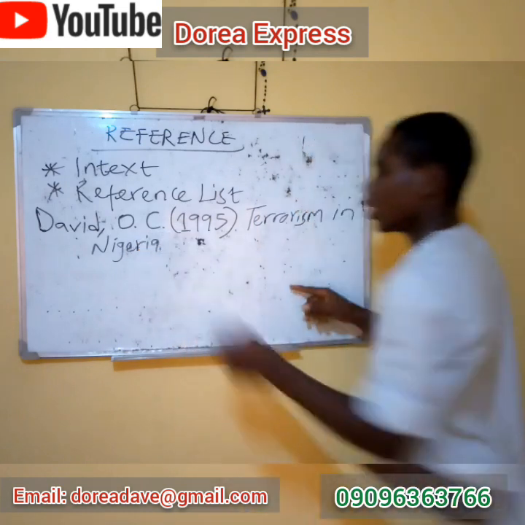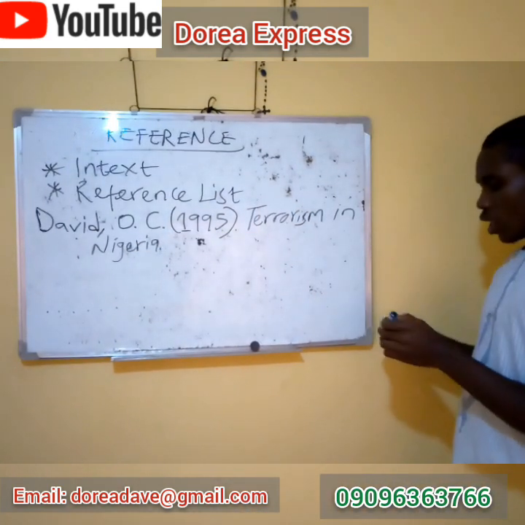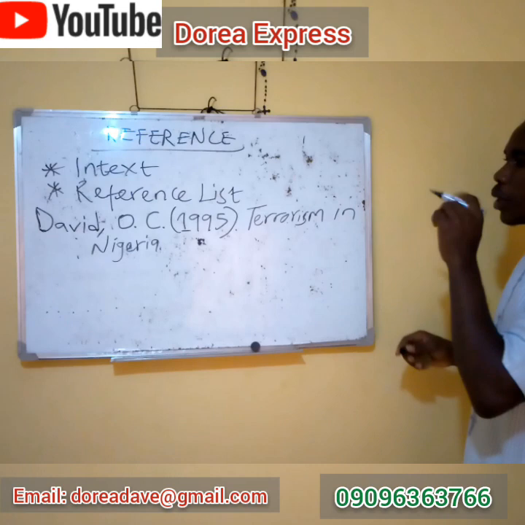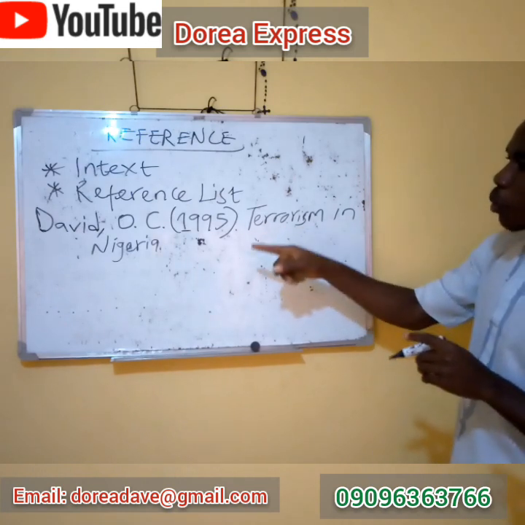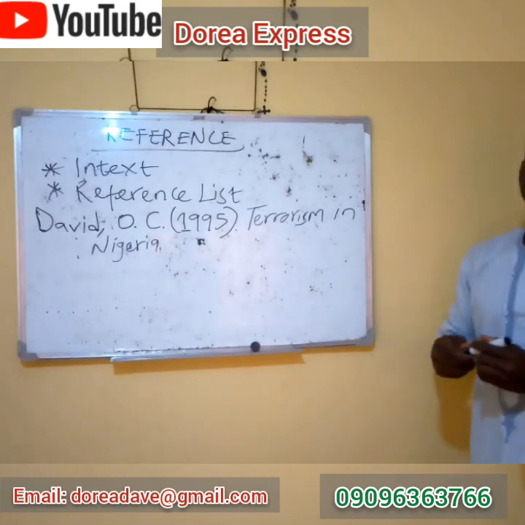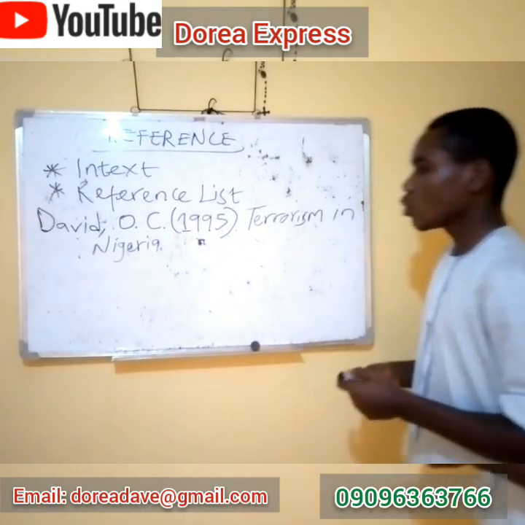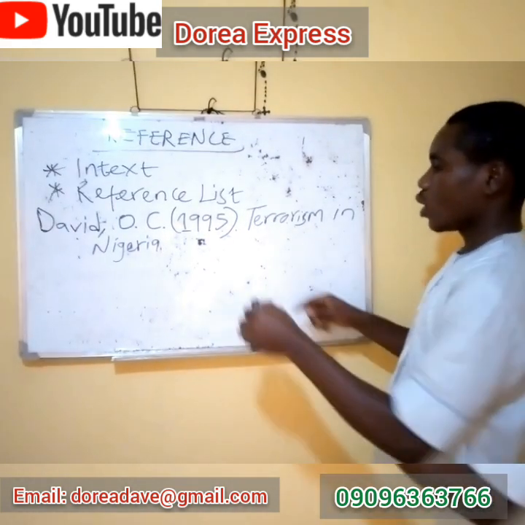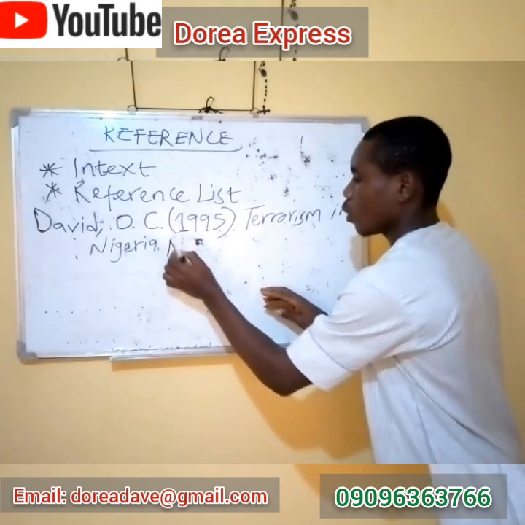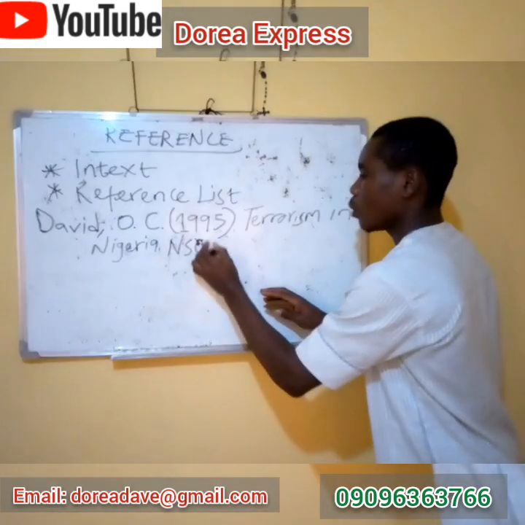So after writing the name of the book, the next thing we write is the place of publication. And in writing place of publication, we write the city. We don't write state, we write the city. For example, under Enugu State, Nsukka is a city. So let's use Nsukka for an example. We write Nsukka this way.